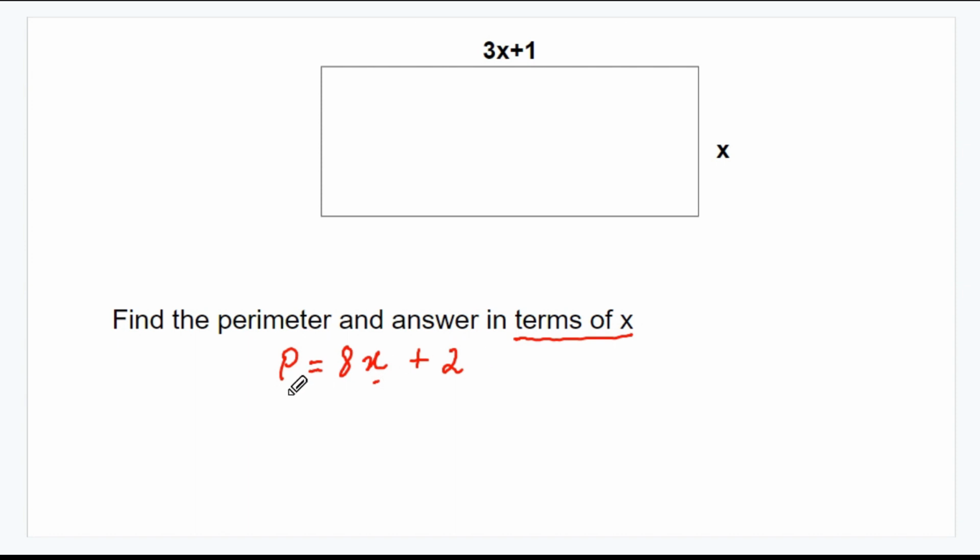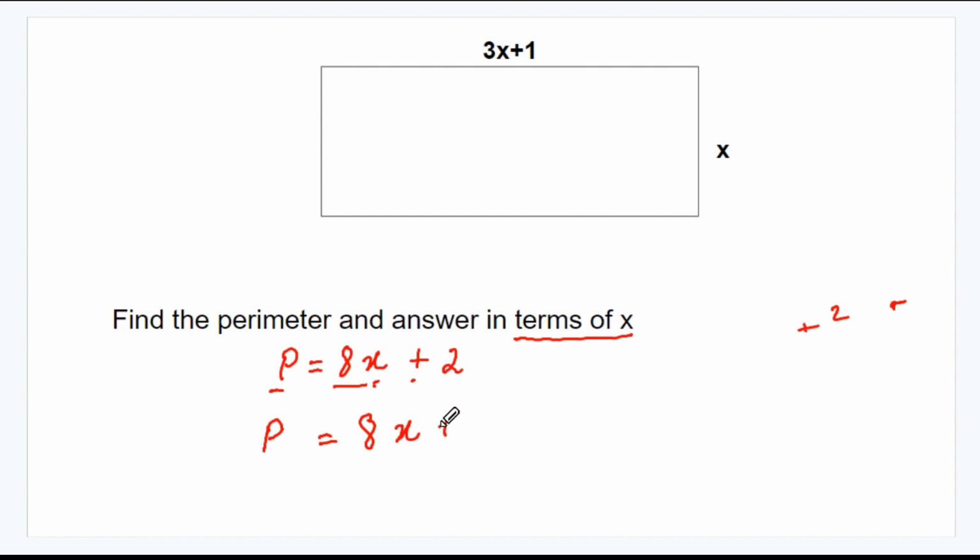Right now we have the answer in terms of P. You need to make x your subject. So again you need to make it all alone. We need to remove all the things one by one. First you need to do the plus and minus things. Then we will go into multiplication.